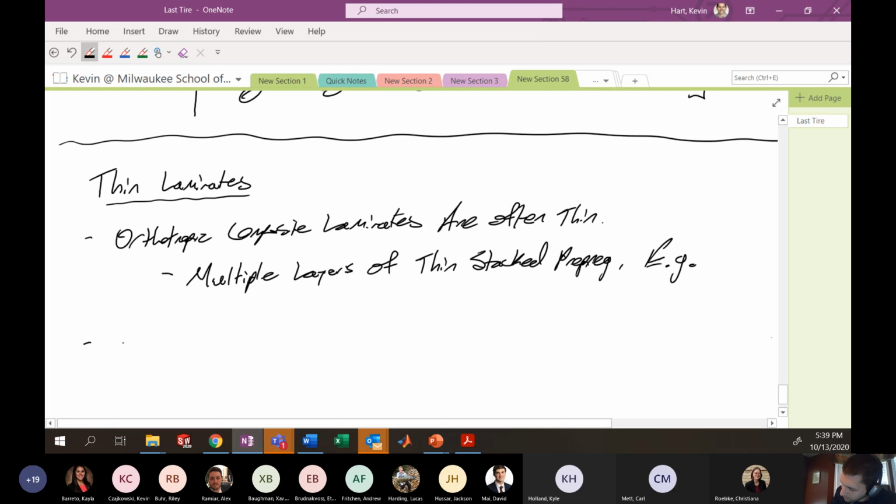So if thin, we're going to assume conditions of plane stress. Stress states are approximated with plane stress conditions.